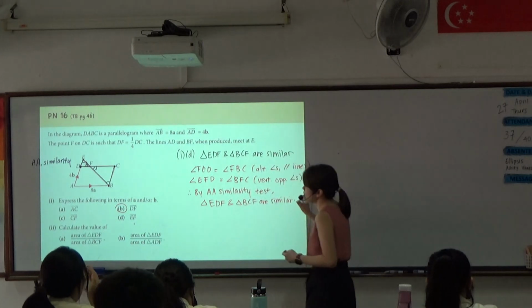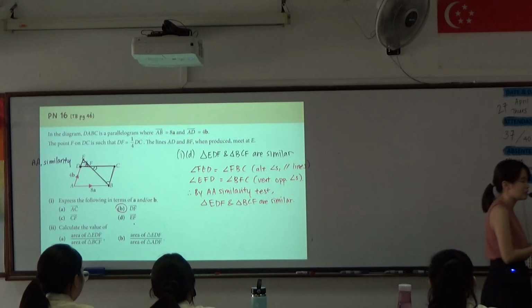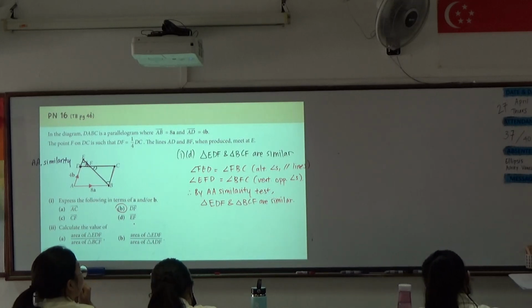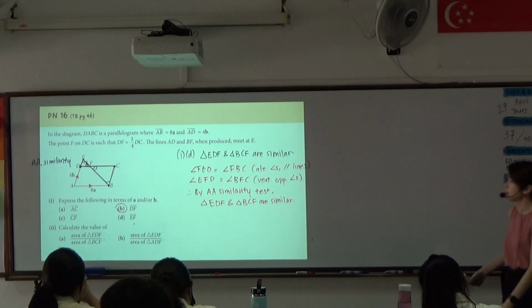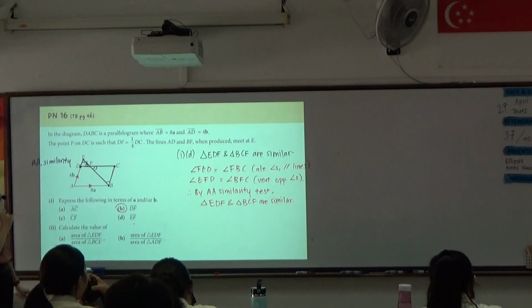Okay. So very commonly in our vectors questions, when you need to make use of similar triangles to help you to solve, you need not go about proving the similarity, but you need to be able to identify. And to identify, we always use AA similarity test most of the time. Okay.